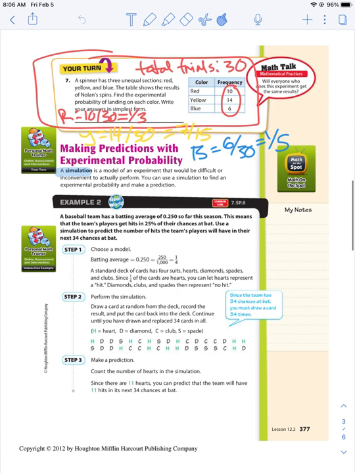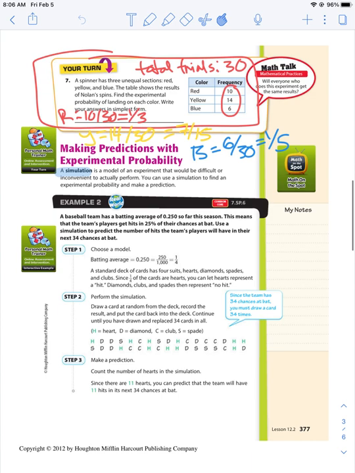Cards have 4 suits: hearts, diamonds, spades, and clubs. And since a quarter of the cards are hearts, you could let hearts represent a hit. So a quarter of the cards represent a hit because 25% is the same thing as 1/4, and their chances are that a fourth of the time they will hit when they're at bat.